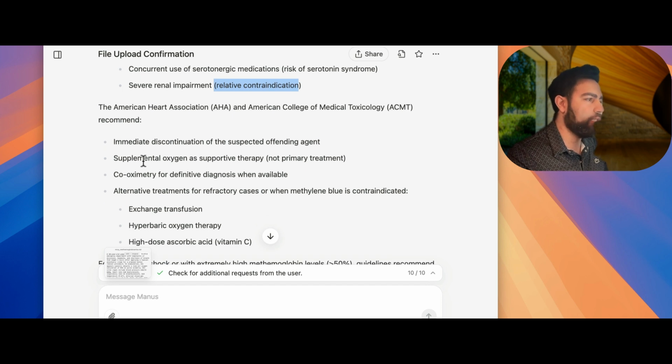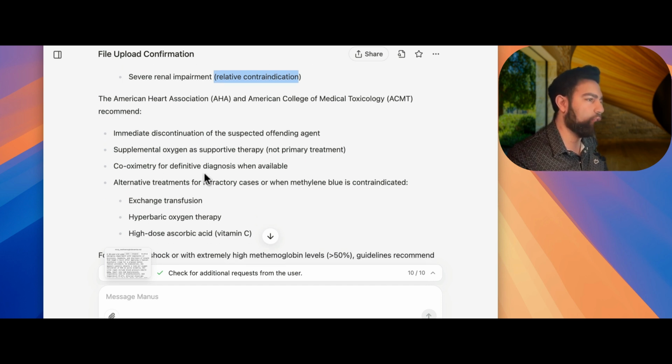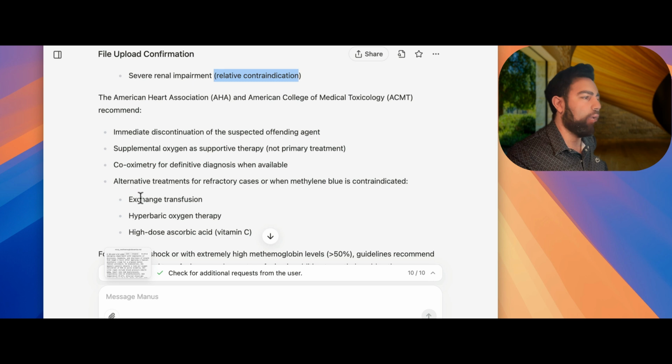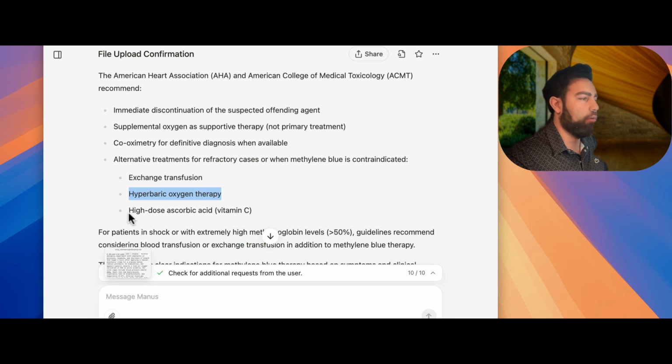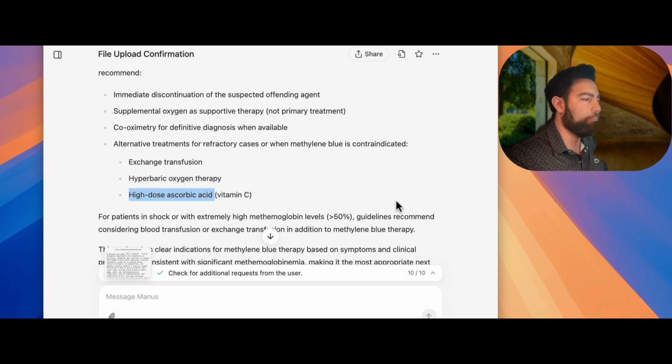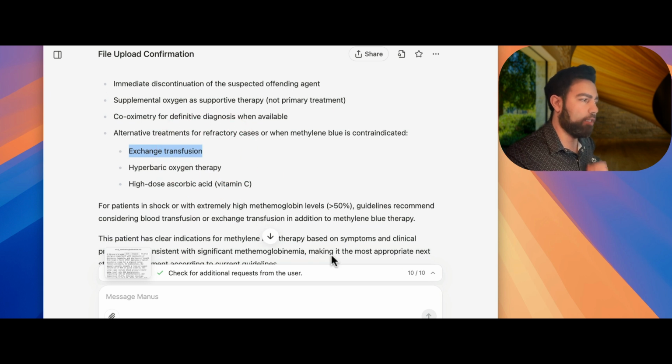Immediate discontinuation, supplemental oxygen, co-oximetry for definitive diagnosis, and alternative treatments for refractory cases or when methylene blue is contraindicated. Also, you may get tested on exchange transfusion, hyperbaric oxygen therapy, or high dose ascorbic acid. Less likely this one. I think if that was the case, you would probably get tested on this part.